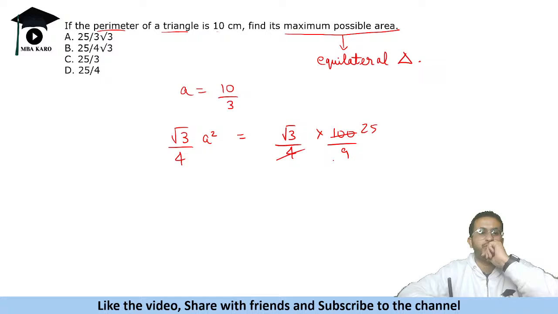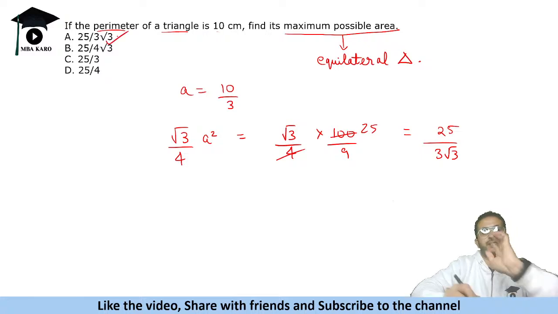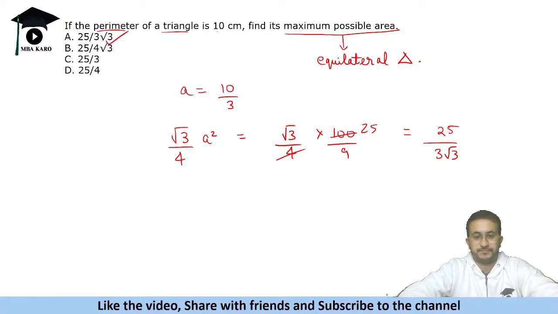So 25 root 3 by 9. So if we take root 3 in the denominator, it will be 25 upon 3 root 3. So the answer is option A. Okay, 25 by 3 root 3. So the thing is, we get maximum area in an equilateral triangle.